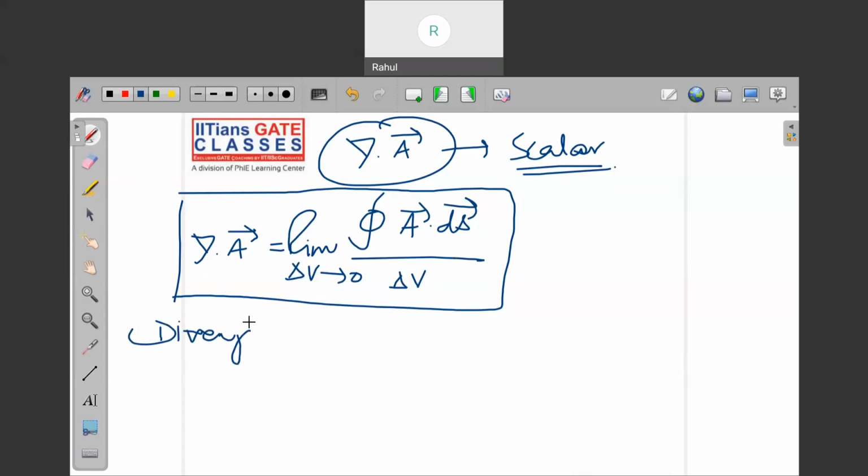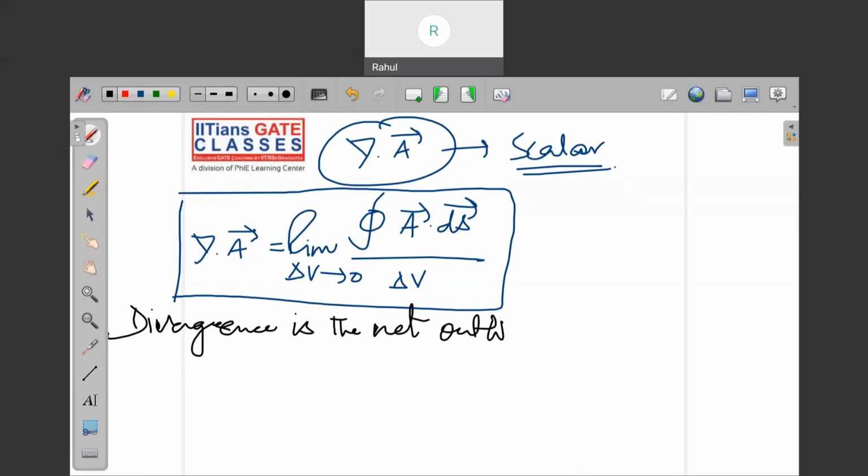Divergence, I am writing for you: divergence is the net outward flux emanating per unit volume.